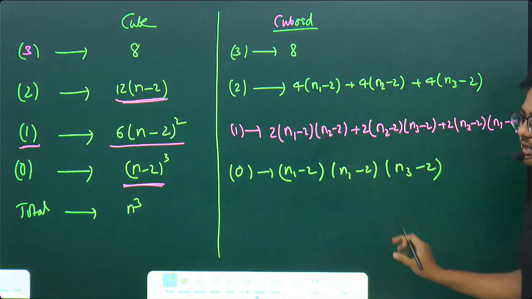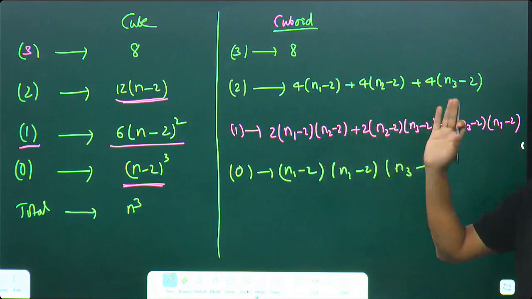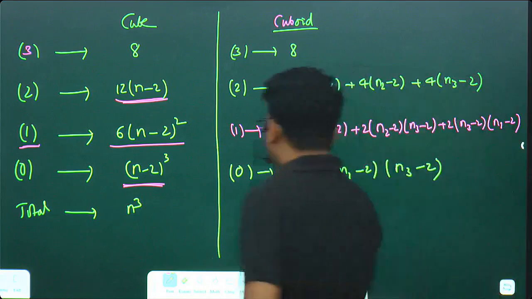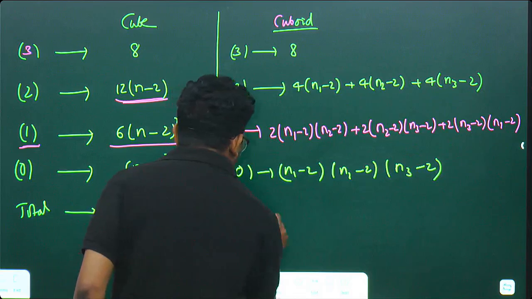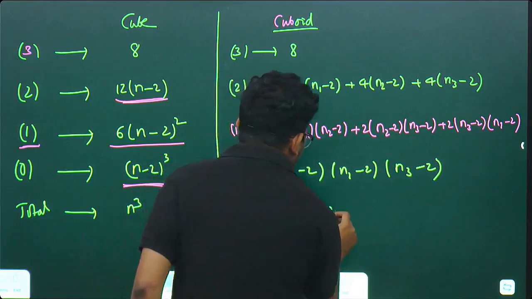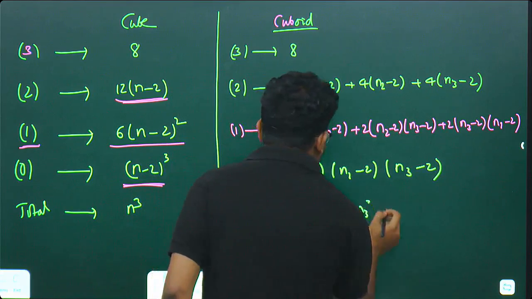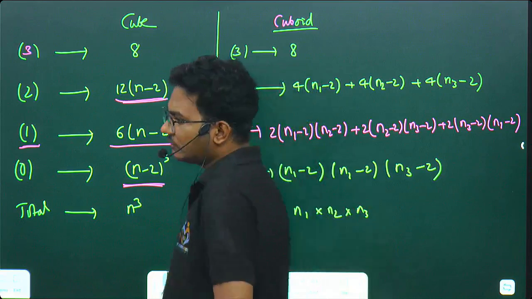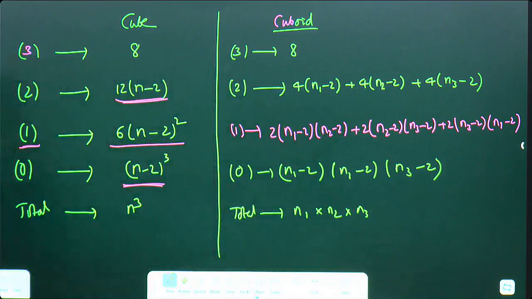So this is the formula for zero surfaces painted. Total will be n1 into n2 into n3.